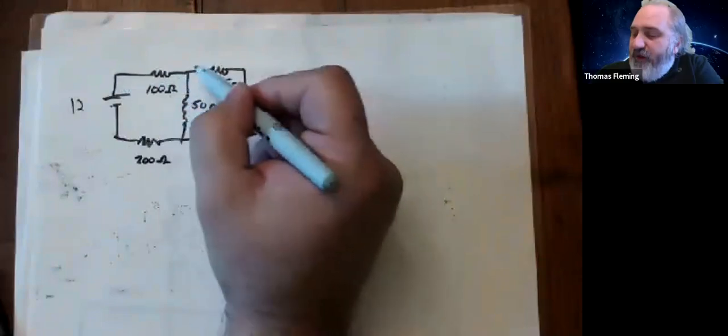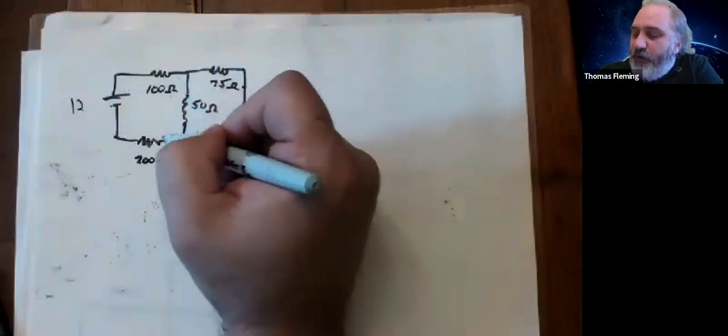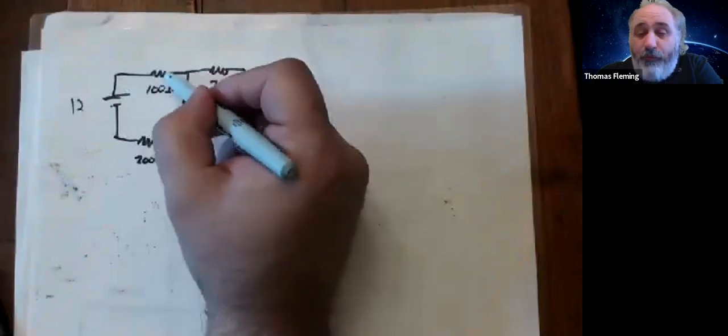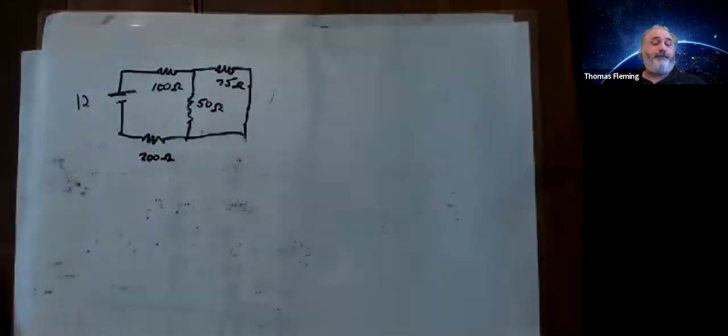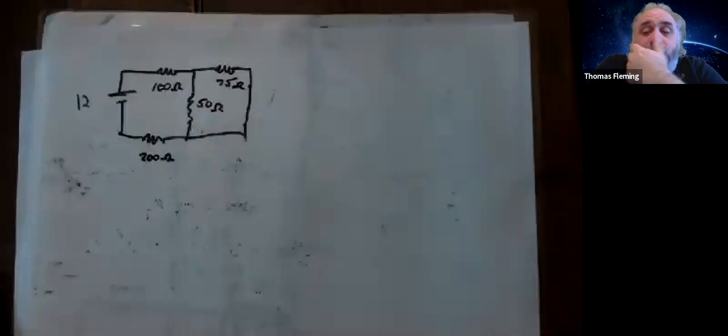But then I'm going to go through either this guy or this guy, and I'm going to get to the 200. So anything going through the 100 will also go through the 200. So there's no choice. They're not in parallel. Okay. So what is in parallel? Is there anything in parallel?